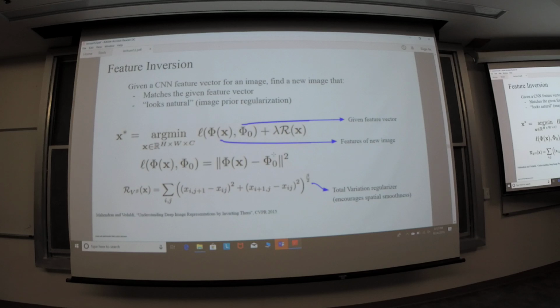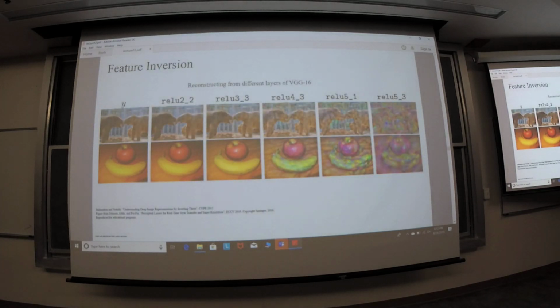And then you could also add some regularizer to this, which in this case is a total variation regularizer. So this is also another technique. What it does is that, consider this image. I pass this input image to the network, I generate some feature information, and then I already have the feature which is being learned by a particular activation map.